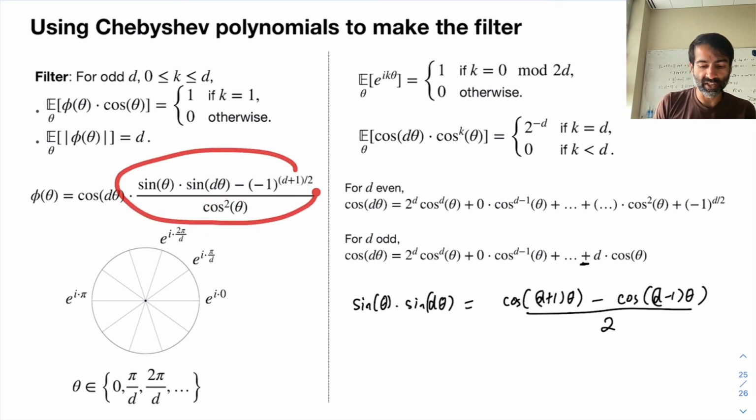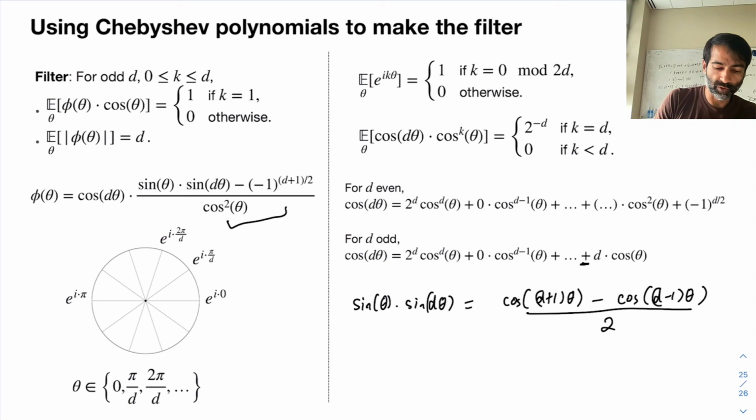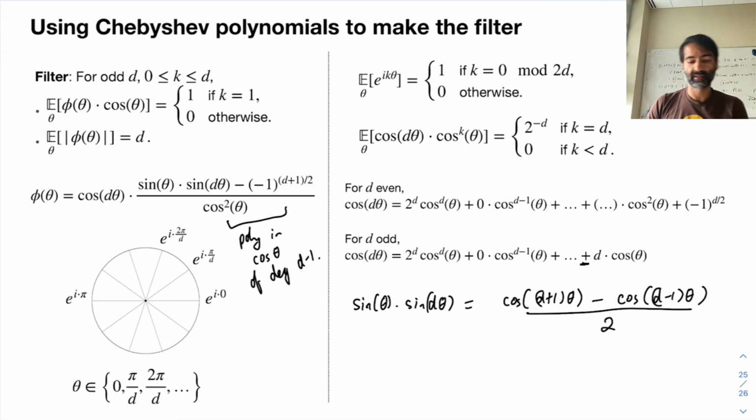Okay, so this expression, as a result, is a polynomial in cosine theta of degree d minus 1. And that means that when k is equal to 0, what we have here is the expectation of cosine d theta times a polynomial in cosine theta of degree d minus 1, and it must be 0 by this property.